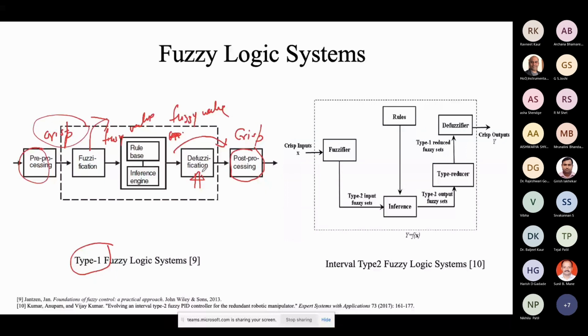If you go on Wikipedia and search what kinds of defuzzification techniques are available, you will get n number of techniques. Mostly we are using COG, the center of gravity defuzzification method, which is the most used technique in the literature.